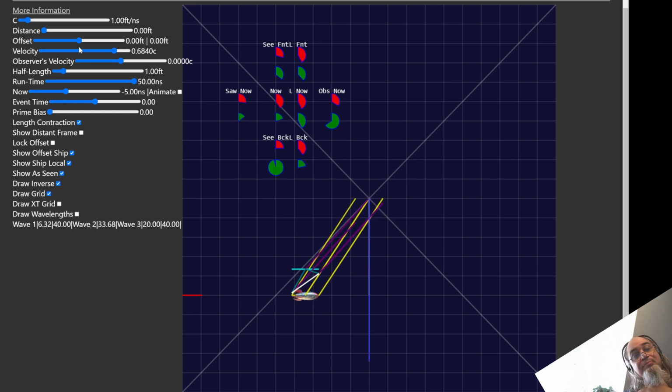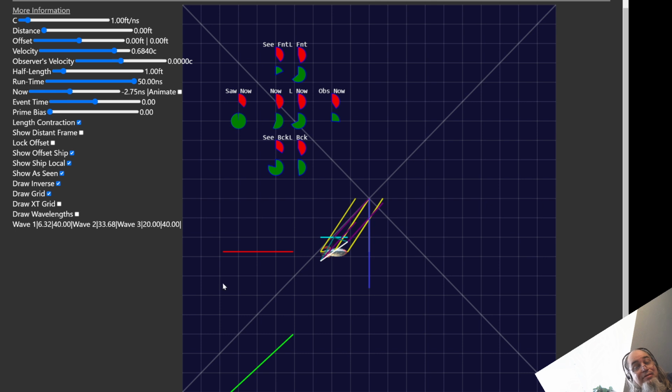Similarly here. This is after being contracted. This is how big the ship actually does appear. The contraction does shrink that relatively too. And this should be times 2 of its length.